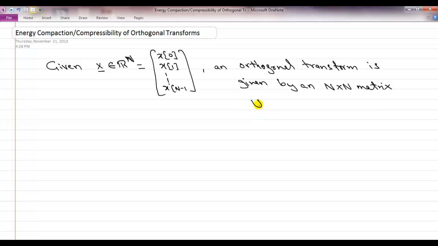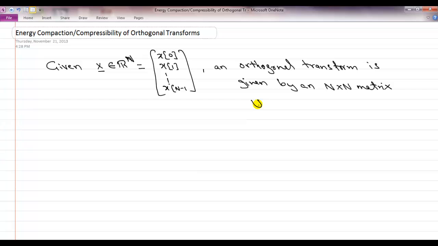And it's orthogonal because the different columns of your matrix are orthogonal to each other. You can either think of it that way, or you can say that the columns of the matrix correspond to discrete time sequences, and they are orthogonal to each other. Right? It's the same thing.